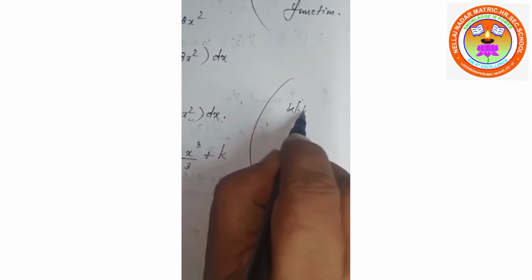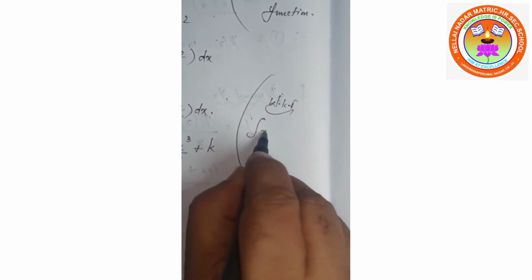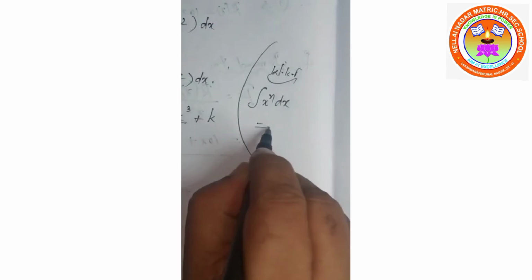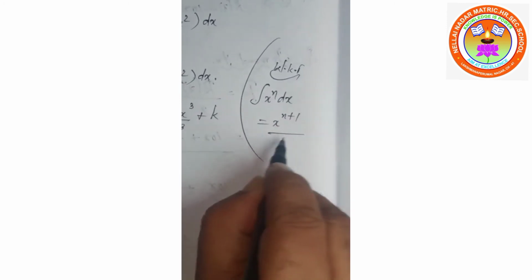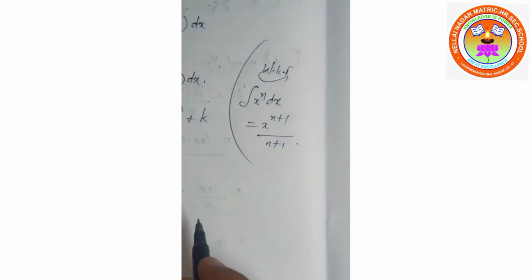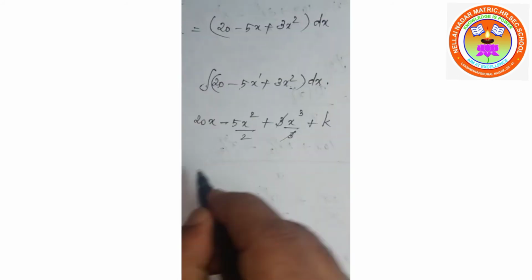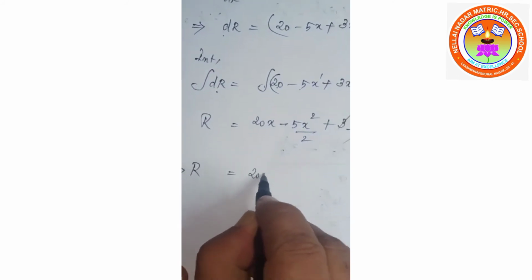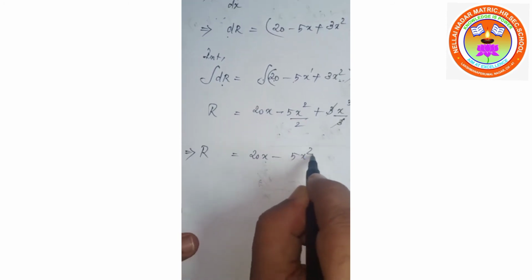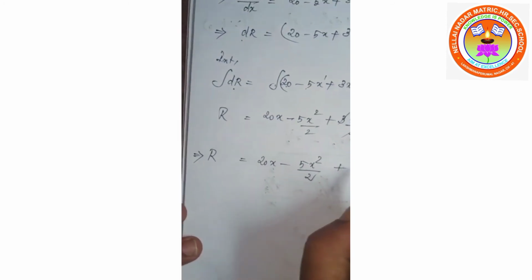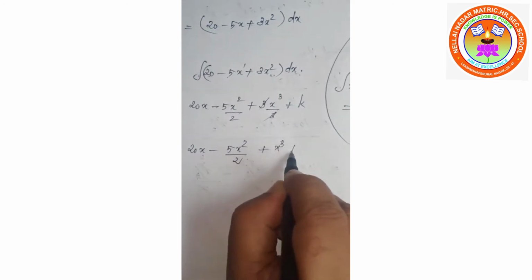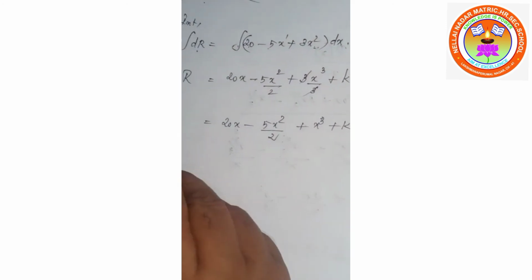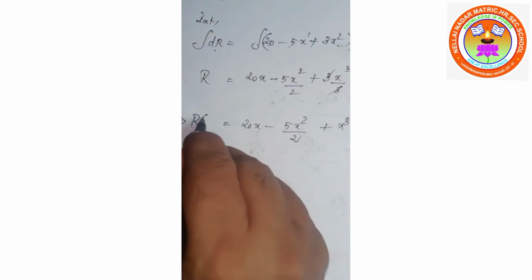For these two we have applied the formula integral x power n dx is equal to x power n plus 1 divided by n plus 1. The 3s get cancelled. So R is equal to 20x minus 5x squared by 2 plus x cube plus k. So revenue in terms of x, you write R of x.